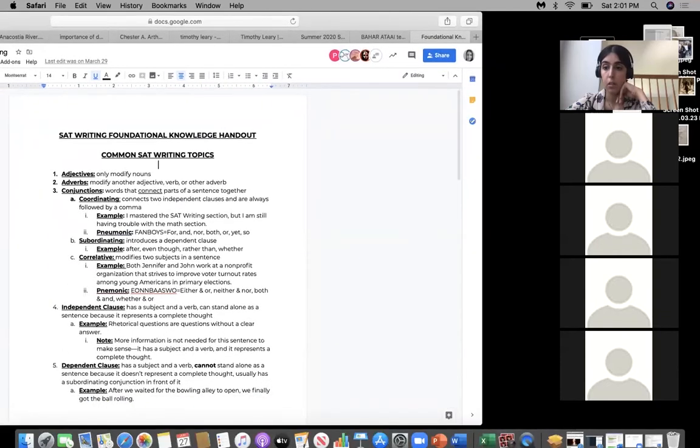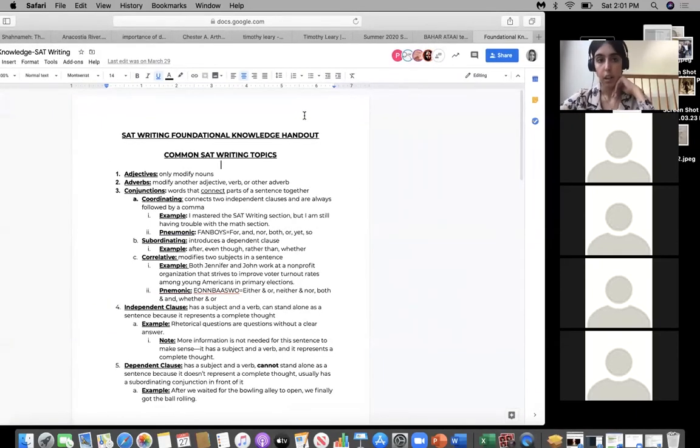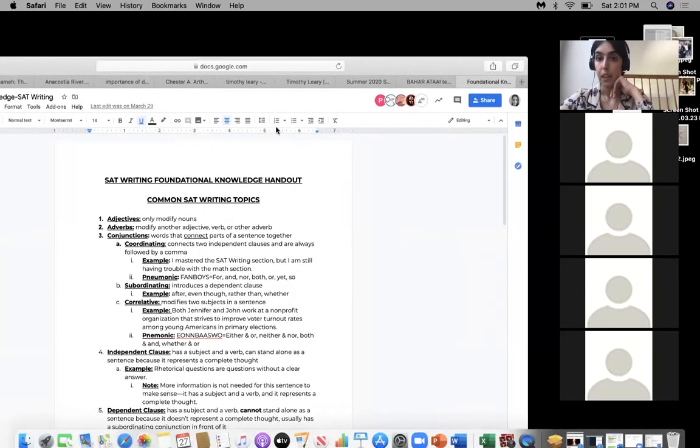Okay, so how about Sophia? When you think about adjectives, you see adjectives modify nouns. How about 3 examples of different ways in which adjectives modify nouns?